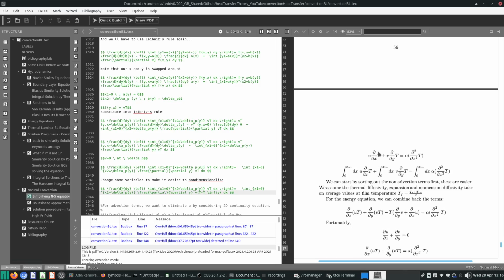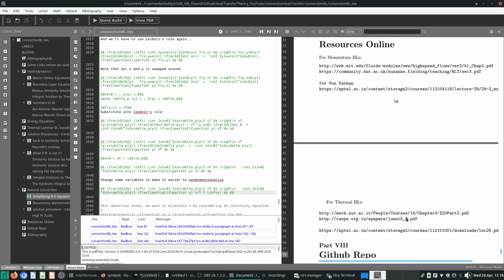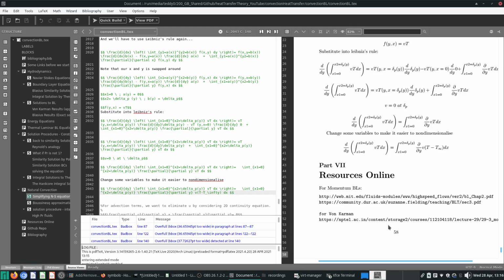If we wanted, we can actually substitute t in dt dx, dt dy for t minus t infinity, and all the way through, wherever you see t, you can have t minus t infinity. So this thing is kind of a legal move, so to speak.